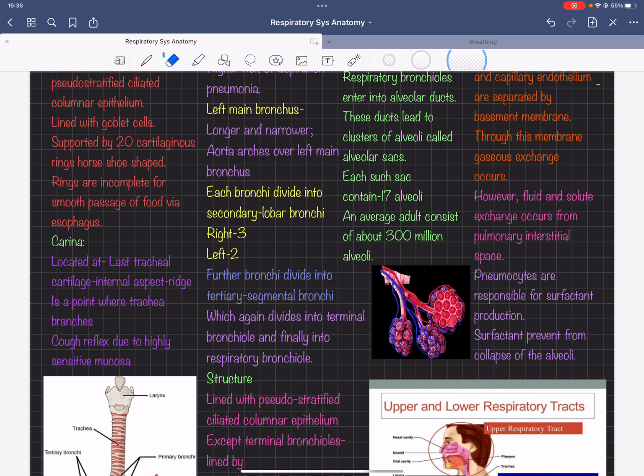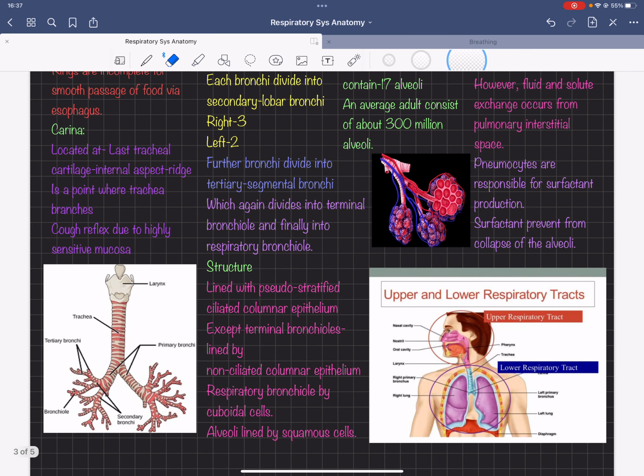Now next, these secondary lobar bronchi again divide into tertiary segmental bronchi, which again divide into the terminal bronchioles and finally into the respiratory bronchioles. These respiratory bronchioles finally open into the alveolar duct that can be seen in this figure. This is the respiratory bronchiole which has opened into the alveolar duct, which is connected with the alveolar sac. In this way, the bronchi are connected with our alveolar sac.